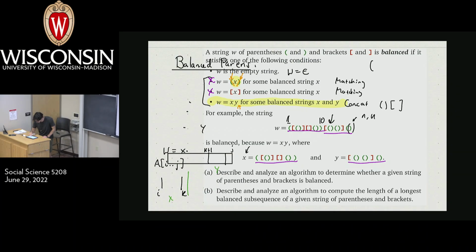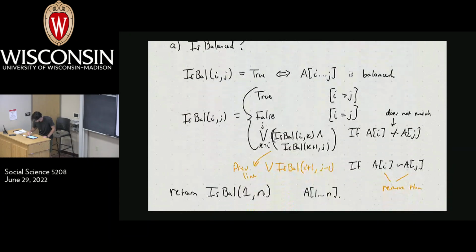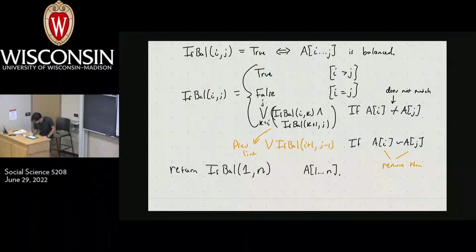Why does it keep doing that? Go back. So that's this case. This is the middle thing. So this is saying we took a left paren, so W equals a left paren, x, and a right paren, and this checks that x is balanced. This part is checking that W has a left and right paren.